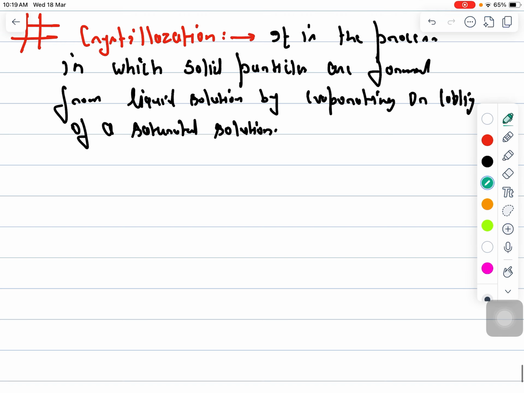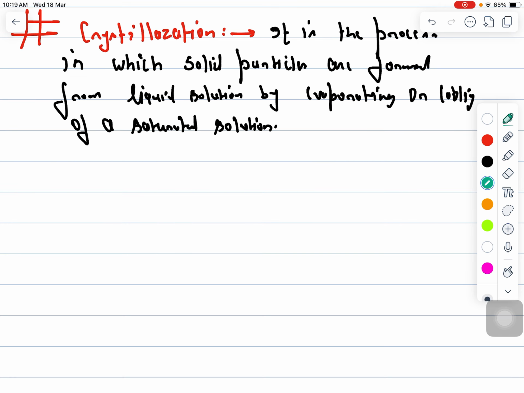So you will have a saturated solution, and you either heat the solution or you cool the solution, and you want to form the solid.